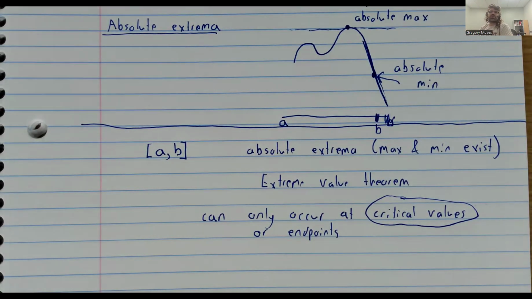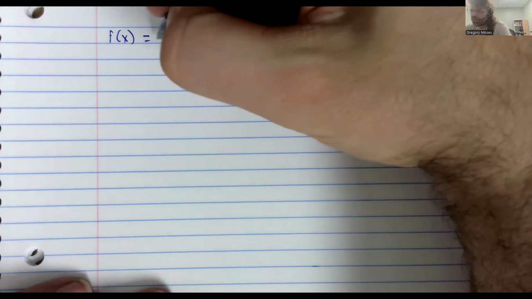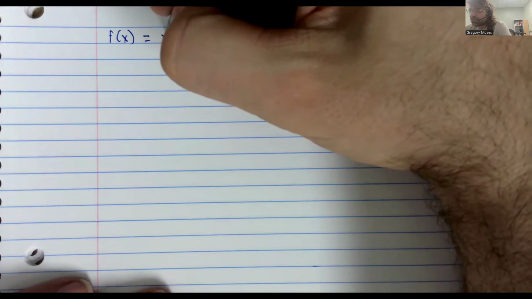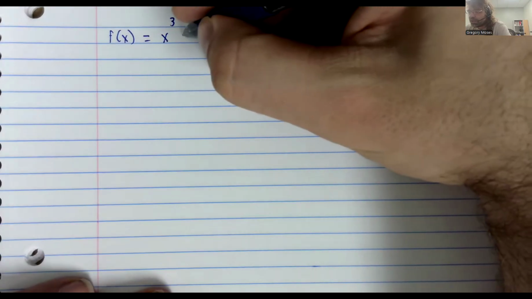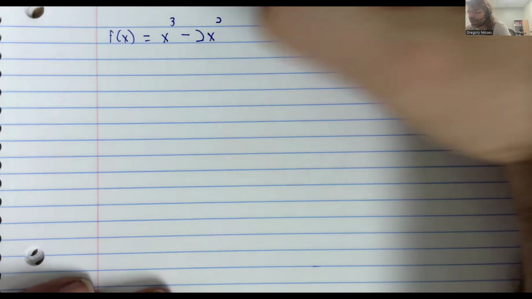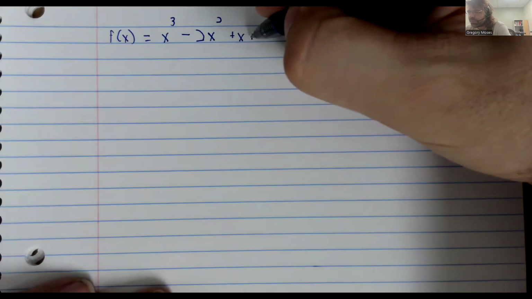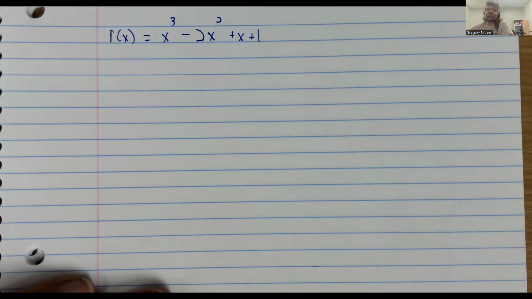The first step will be to find critical values. So let's say f of x equals x cubed minus 2x squared plus x plus 1.